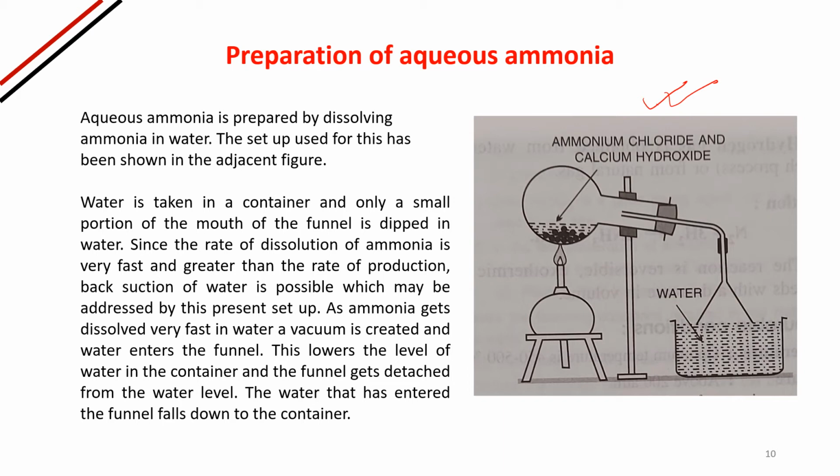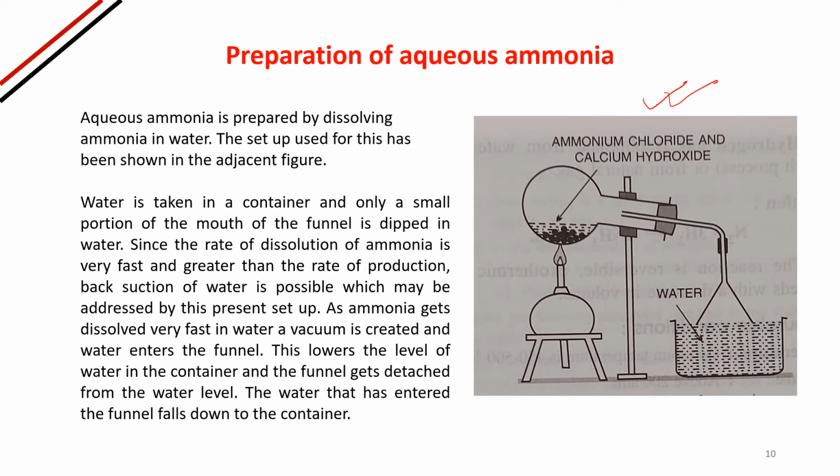Since the rate of dissolution of ammonia is very fast and greater than the rate of production, back suction of water is possible. That is actually addressed in this setup.